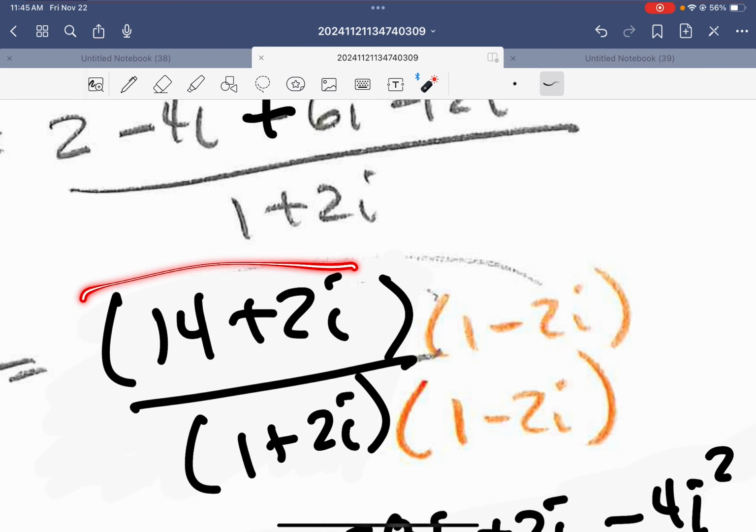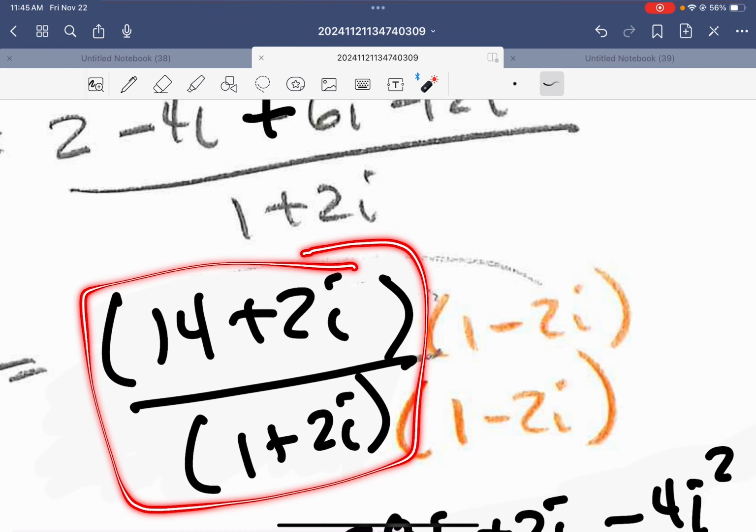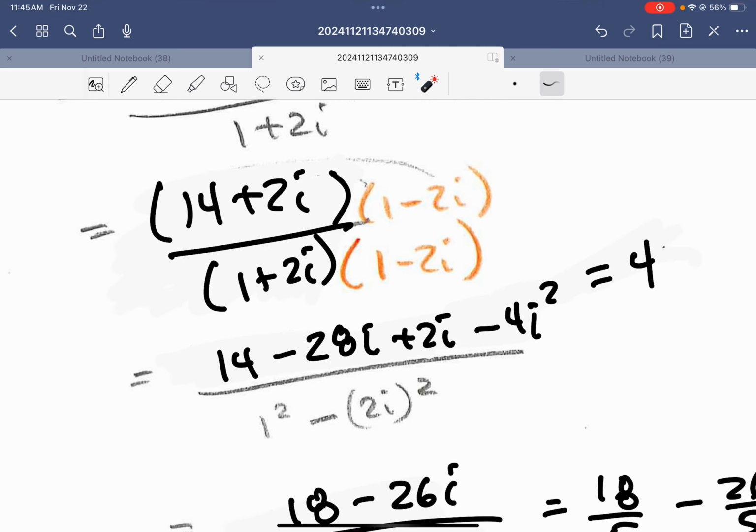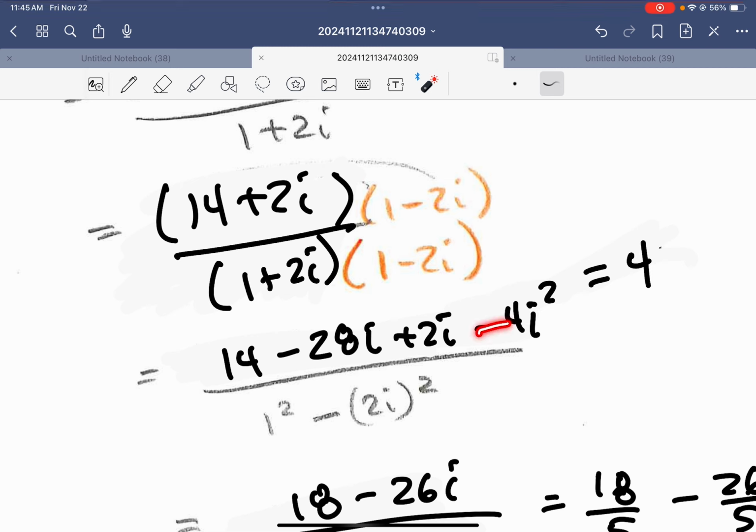So now we have a new problem to solve, and we can divide those complex numbers by multiplying by the conjugate of the bottom. When we do, on top, we just, again, distribute twice, use FOIL. -4i squared is the same as negative times a negative is positive 4.